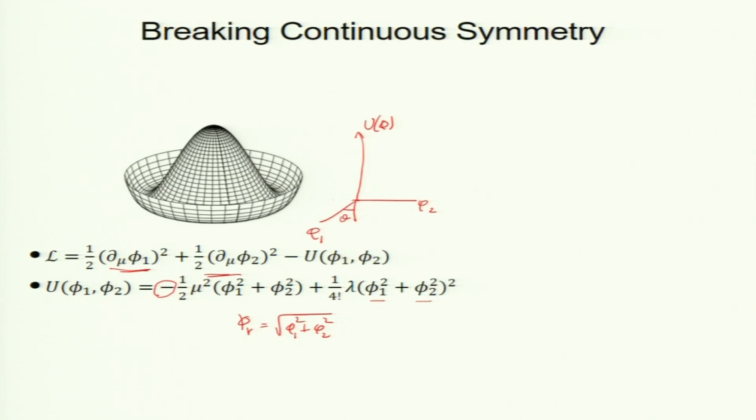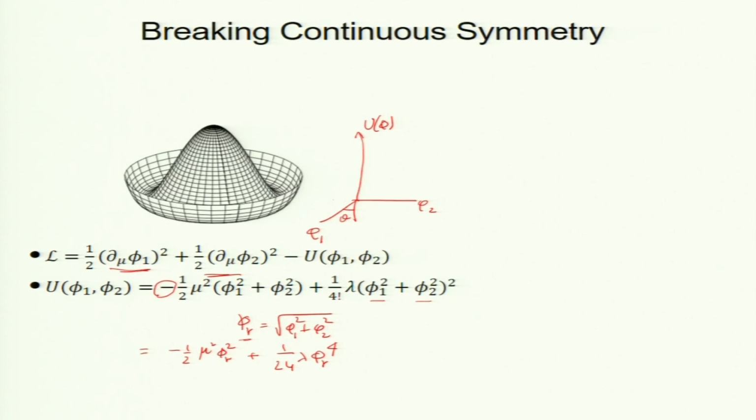So, if I choose some angle theta, my potential is unchanged. So, it is better to use phi r as a variable, then my potential is minus half mu squared phi r squared plus 1 by 24 lambda phi r to the power 4.